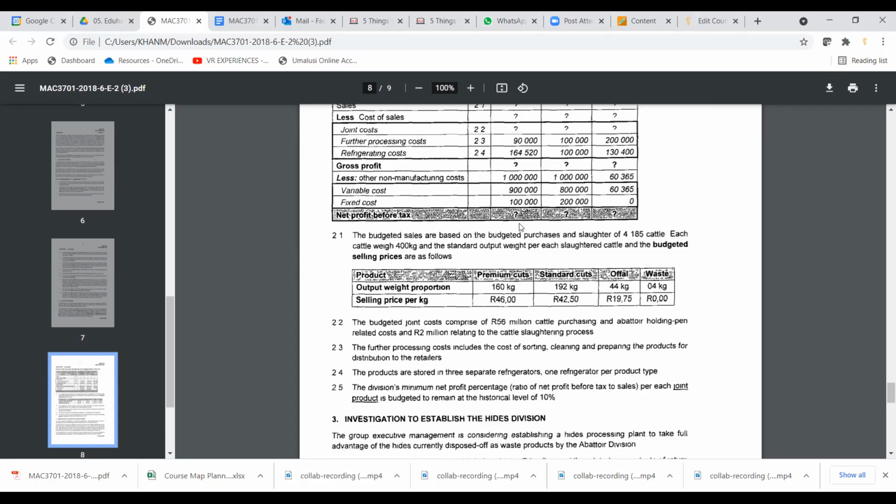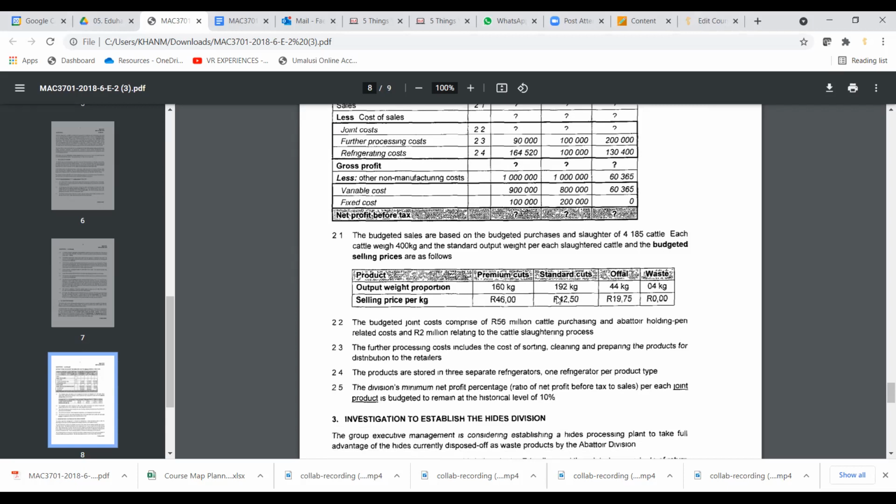If net profit must be 10%, we can work backwards to get what gross profit must be. Once we know what gross profit is, we will be able to work out the missing numbers. This is basically filling in the missing numbers, but you need to understand the process.